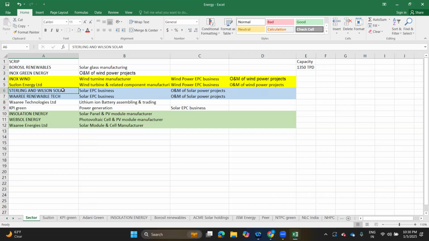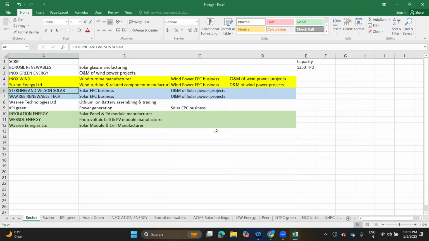So they are not a cell manufacturer. They are into lithium-ion battery assembly and trading. So these are the homogeneous lists we can compare for getting the correct or desired result.